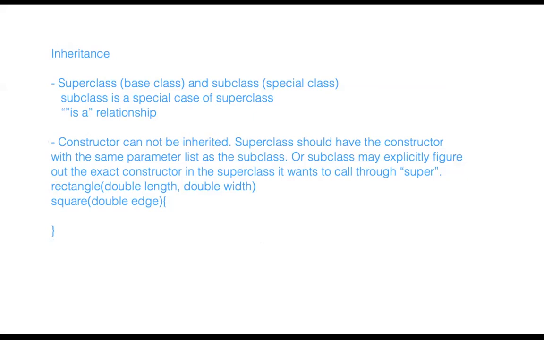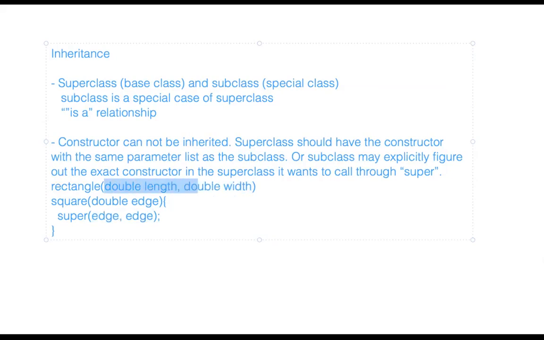I may call super, and I will call, okay, then this time you can see that the rectangle has the constructor with 2 parameters as input, but square, I only have 1 as the parameter input, but I can use super to call the specific one.